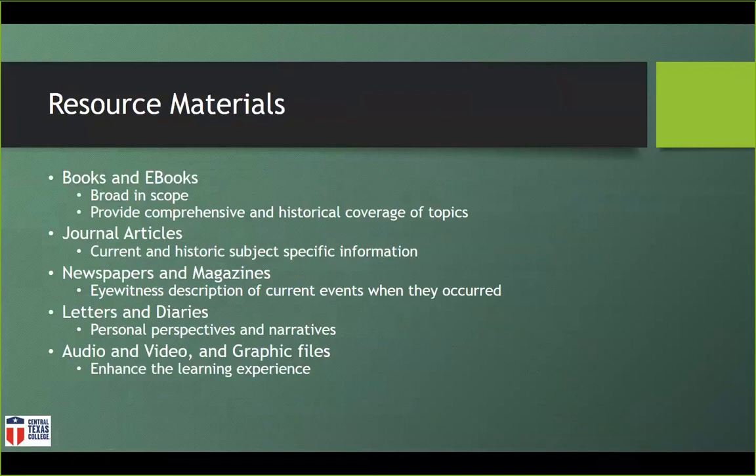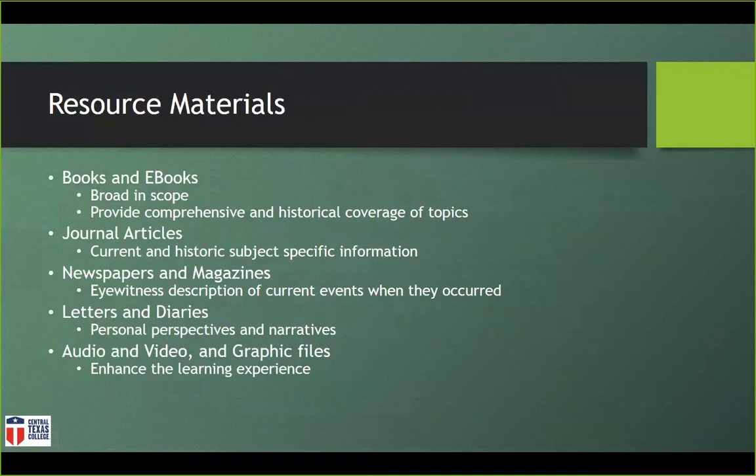Depending on your topic, you may use some to all of the different types of resource materials. There are five main types of these materials: books and ebooks, journal articles, newspapers and magazines, letters and diaries, audiovisual and graphic files.